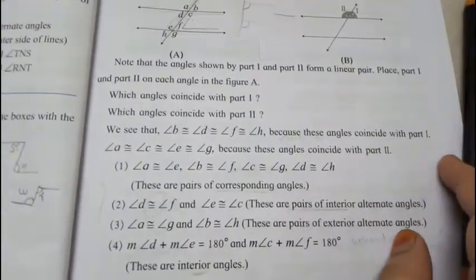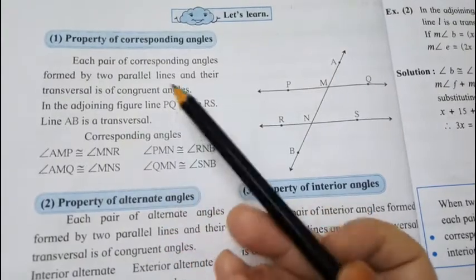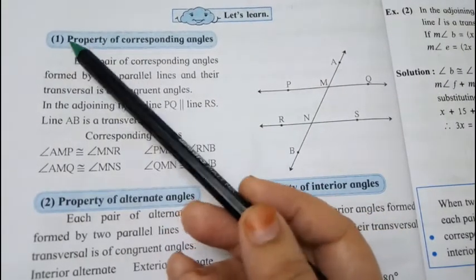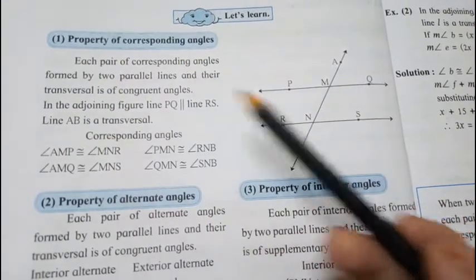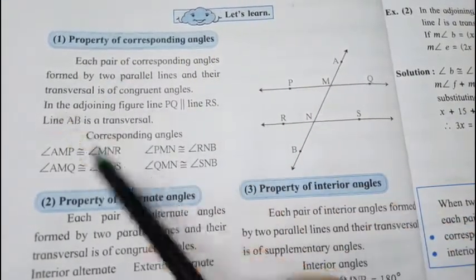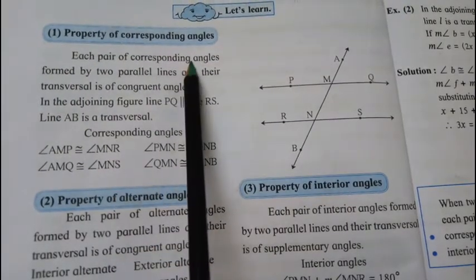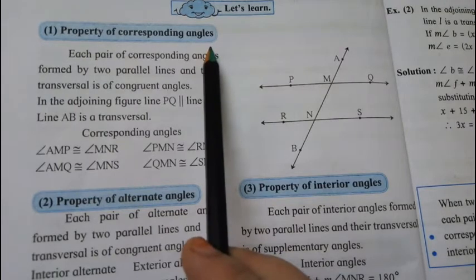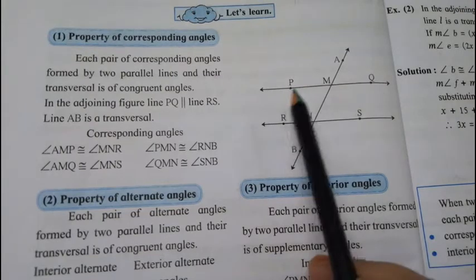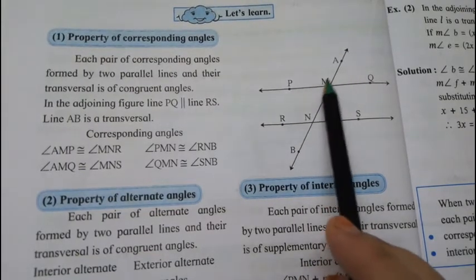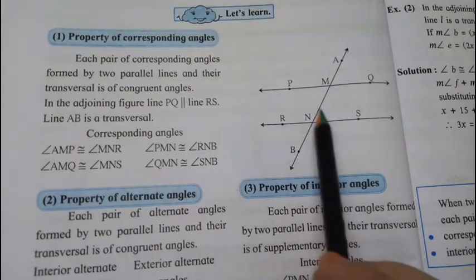Now let's see the next part. Student, in this part we are going to learn about the property of corresponding angles. Here one figure is given to us and we have to study these properties. First is each pair of corresponding angles. When a transversal line intersects two parallel lines, a total of 8 angles are formed: 4 angles here and 4 angles at the next parallel line.